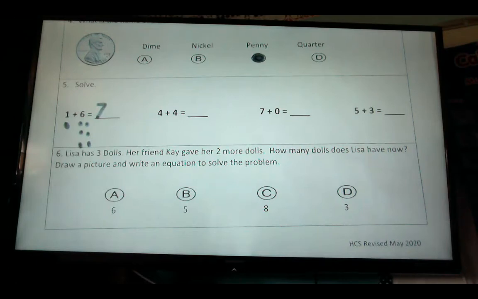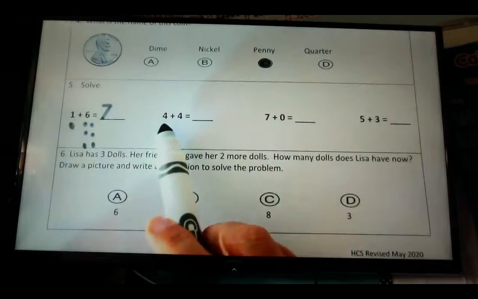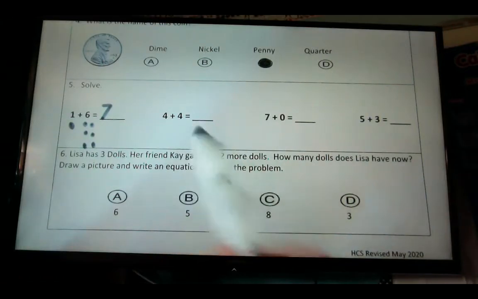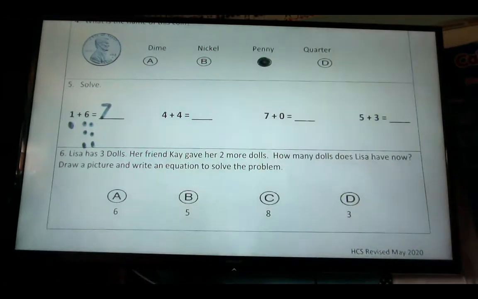Let's look at the next equation. Here we go. 4 plus 4 equals blank. Some of you might already know your double facts, but it's always good to check our thinking. So let's use the dot strategy to help us draw a picture.